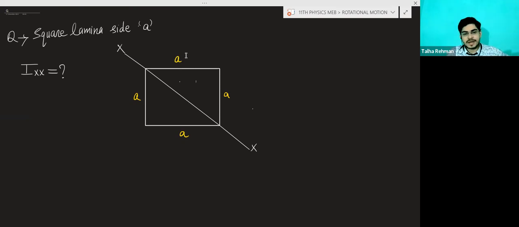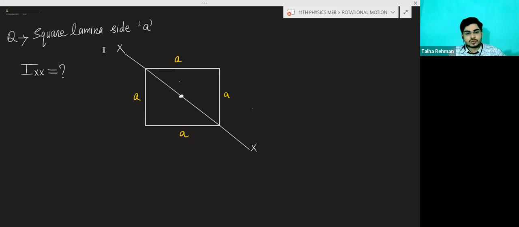So this is a square, and this square has side A. This is also A, this is A, this is also A. This is an axis, and this axis is passing through the center of mass. So here you can say the geometrical center of this square coincides with the center of mass, because this is a symmetrical object or a symmetrical figure. So this is the center of mass.